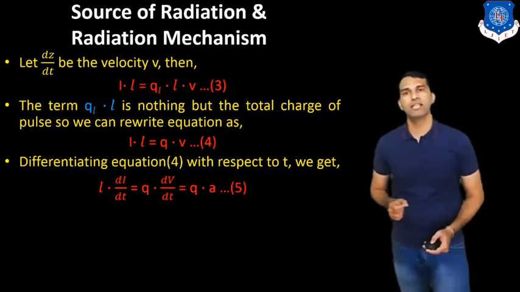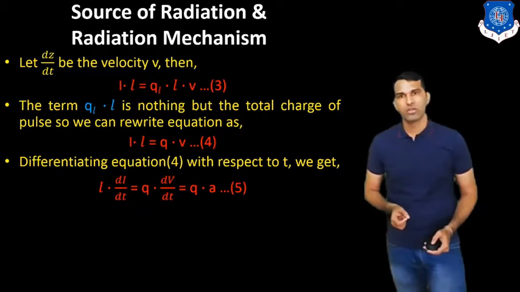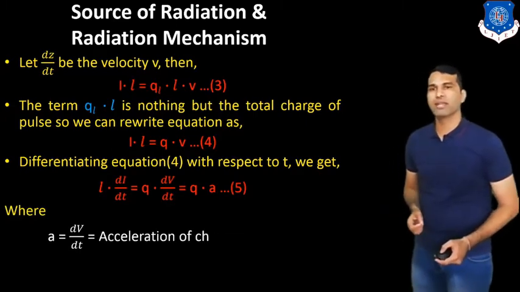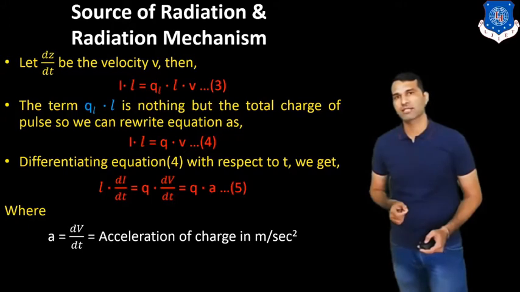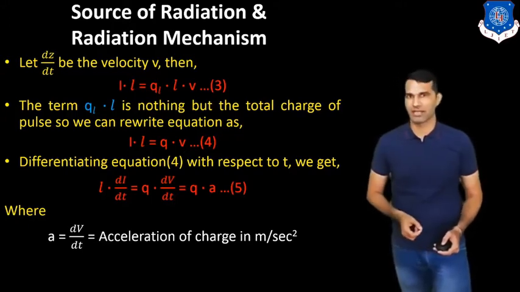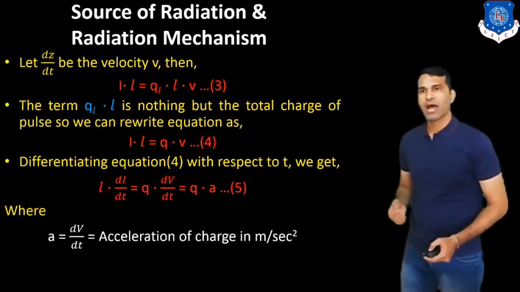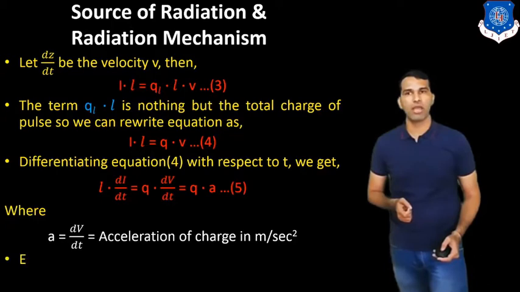We know that dv by dt is nothing but the acceleration, so we get a. Here a indicates the acceleration of the charge, and the unit of acceleration is meter per second squared. So finally we get the equation L di by dt equals Q into a.